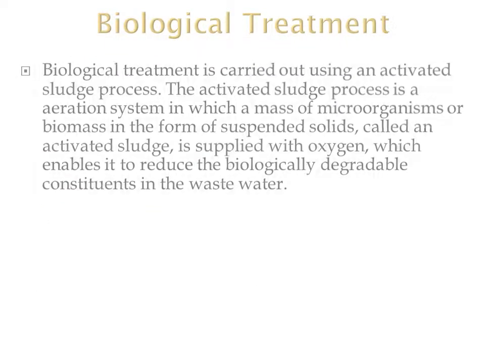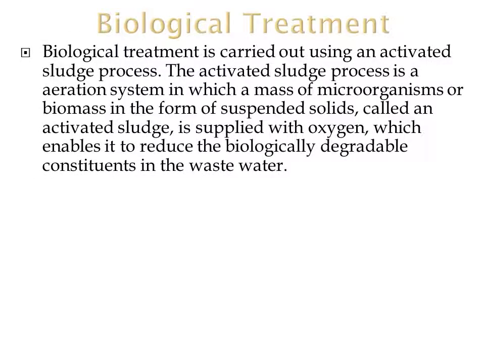Biological treatment can be carried out by different methods like activated sludge process, trickling filters, rotating drum filters, and so on. But the method mostly used for iron and steel industries is the activated sludge process.